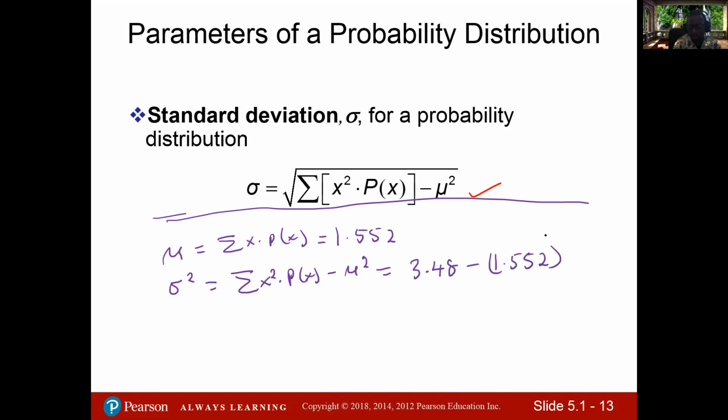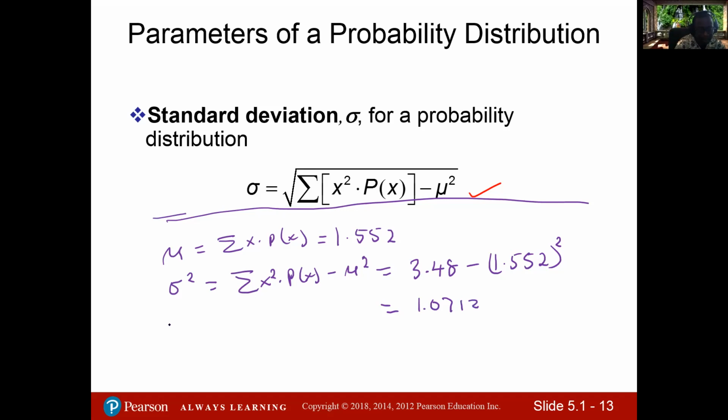Don't round this up, okay? Use your calculator and evaluate 3.448 minus 1.552 squared. When I evaluated, I got 1.077112.